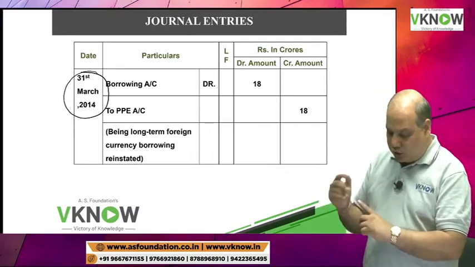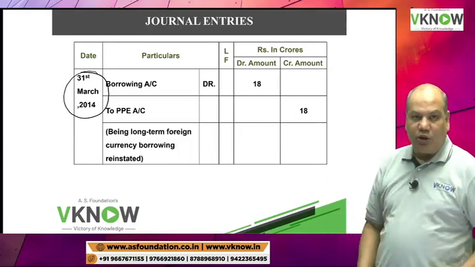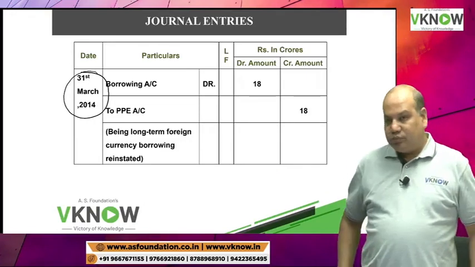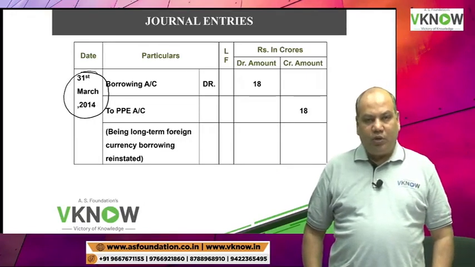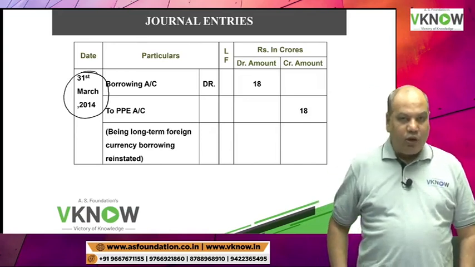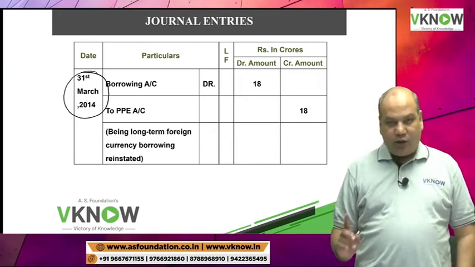So the credit I will give to PPE account, 18 crore. Yes, keep one line blank for writing narration as homework.